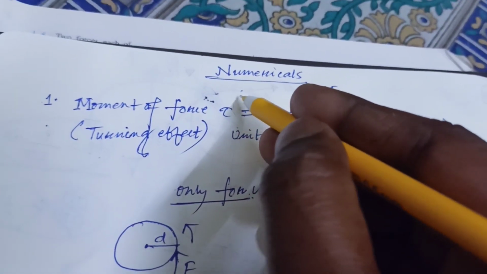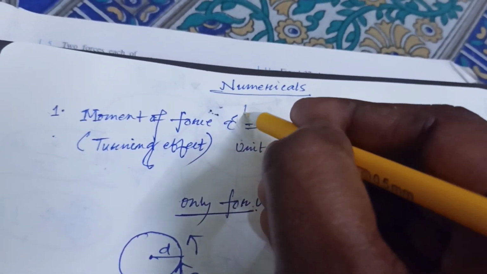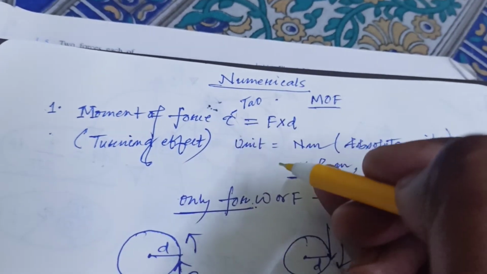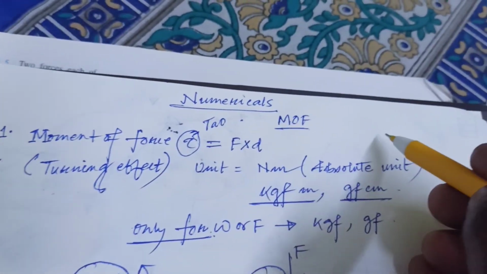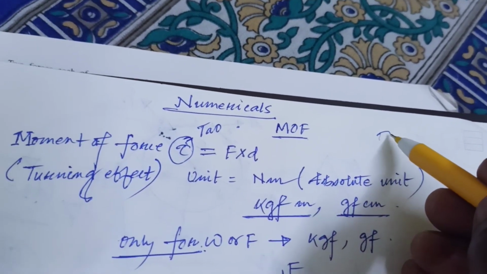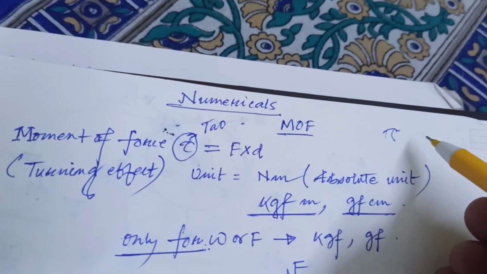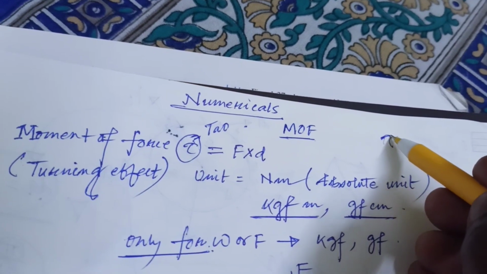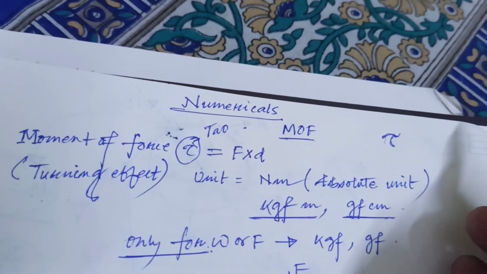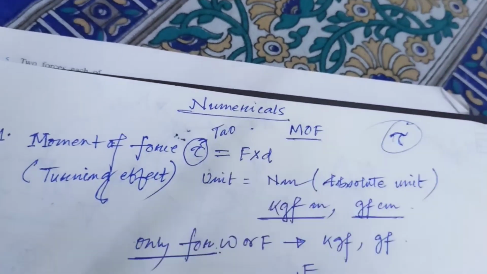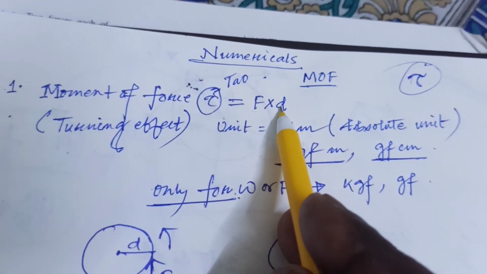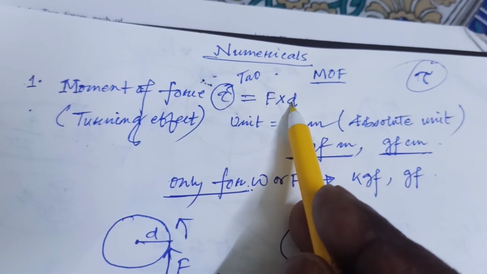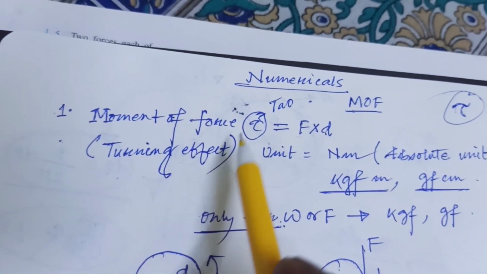This is a Greek alphabet, T-A-O, tau. So tau equal to force into distance. Distance means it is always the perpendicular distance, and moment means turning effect.